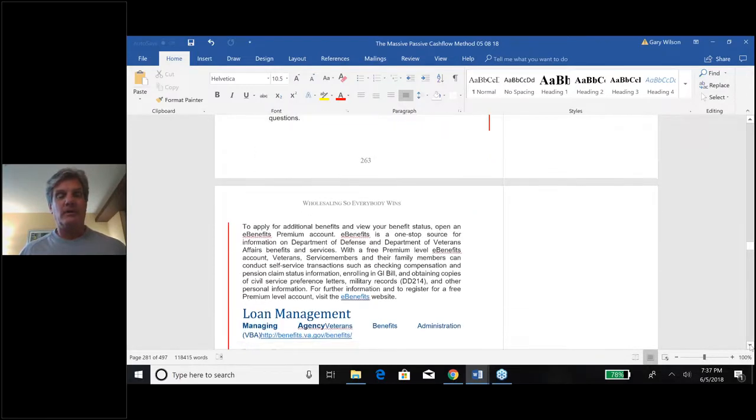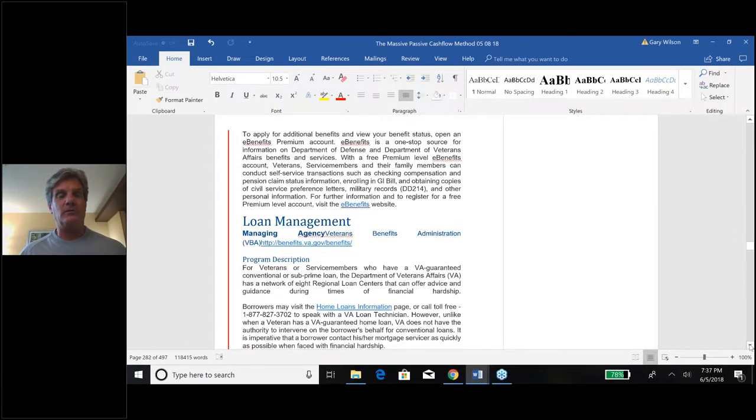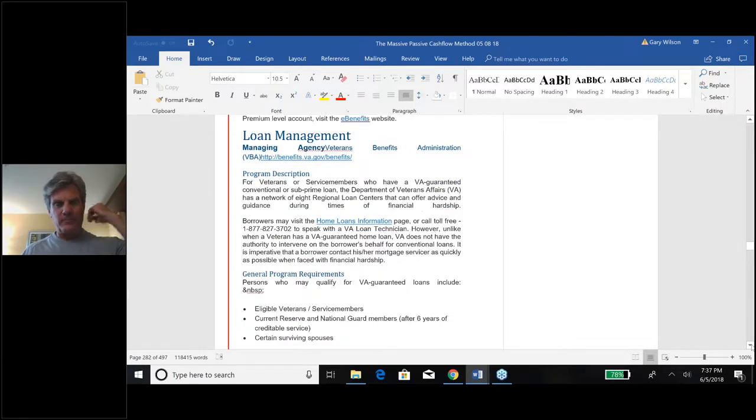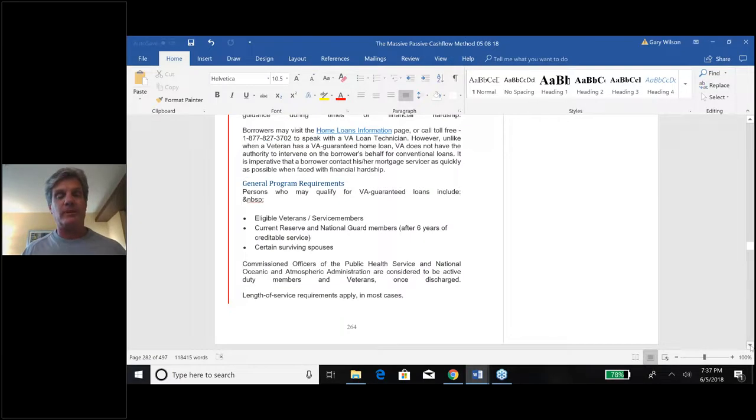Another program for veterans: if they have a subprime mortgage, which means they're probably paying higher interest rates, there's a great way for them to manage that and get their terms modified and adjusted through counseling. That's possible for our veterans and active duty members.